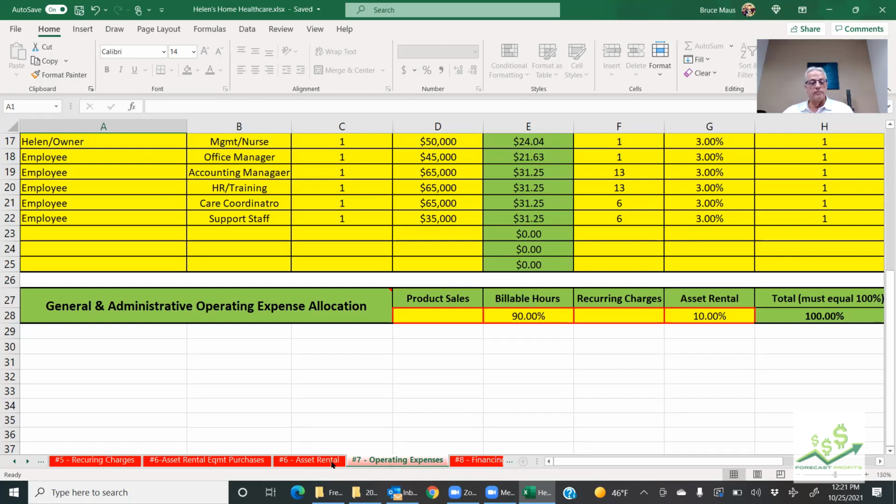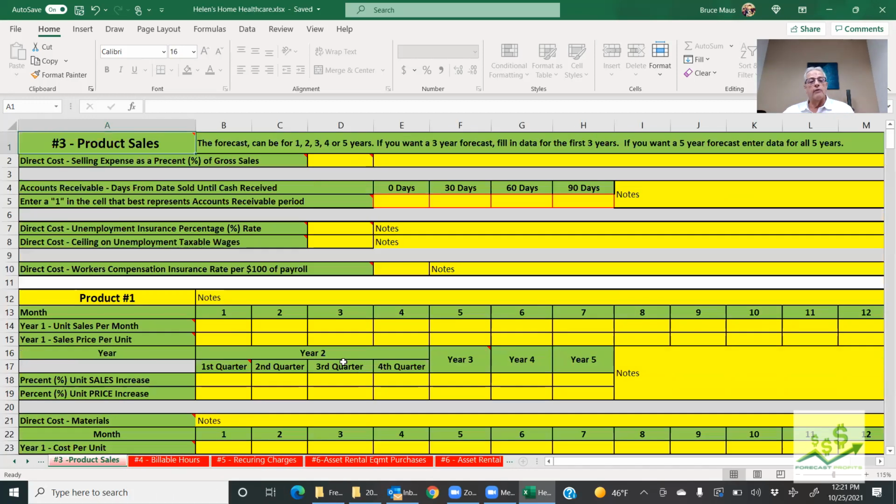I want to go back, before we get to financing, to the other two revenue models, which I want to make a brief comment about. Product sales would pertain to if you manufacture a product or purchase a product and mark it up for resale.